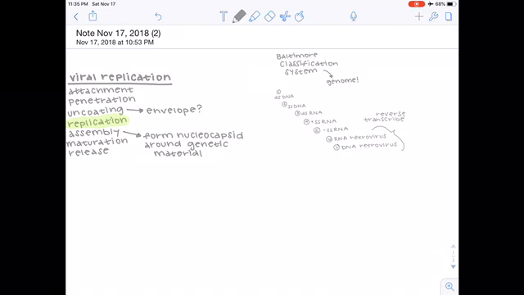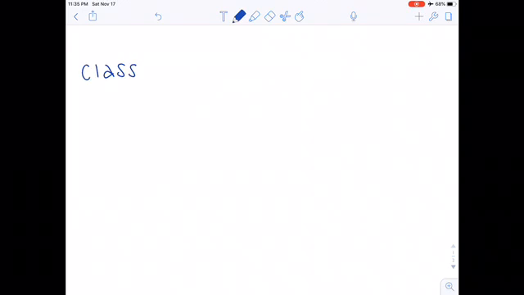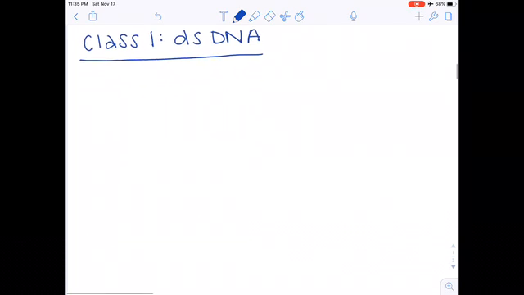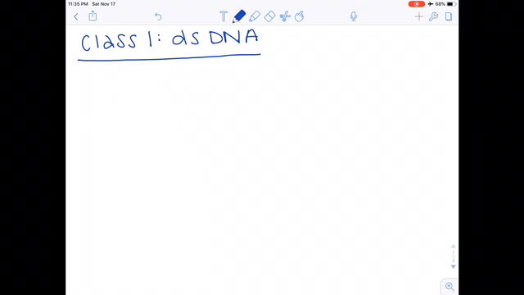All right, so we have class 1, double-stranded DNA. Okay, so I'm going to just go ahead and draw out this process, and then when I'm done with that, we can go back and talk about each of these.